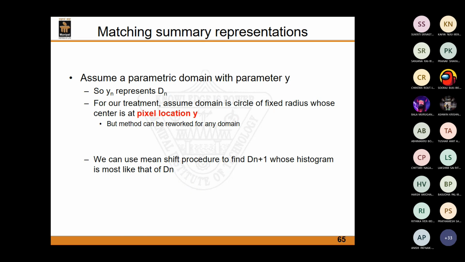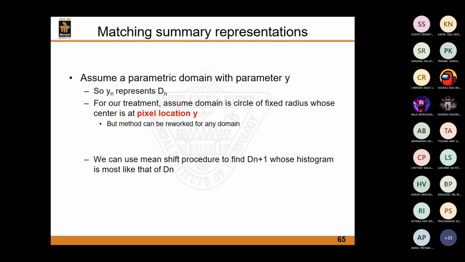Okay, so we'll stop here. What we had discussed today was summary matching, and the basic idea of summary matching for object tracking. And we discussed how histograms can be used as a summary representation.